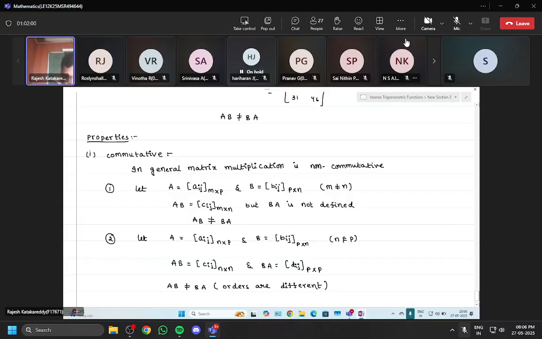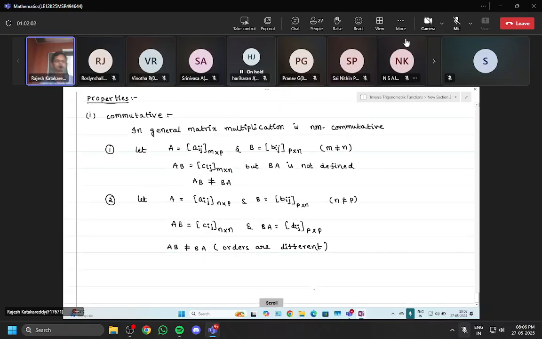Matrix A and matrix B can be equal only if their orders are the same.